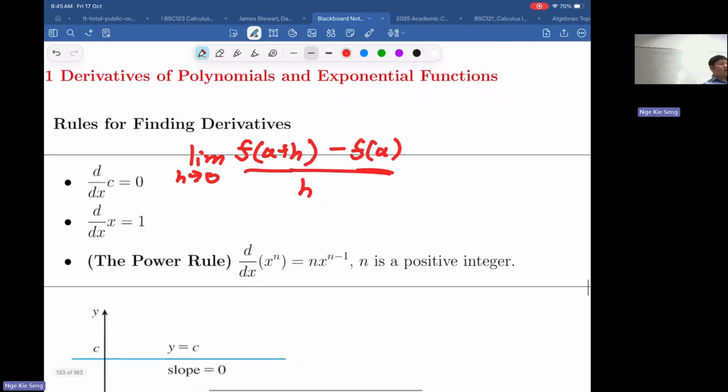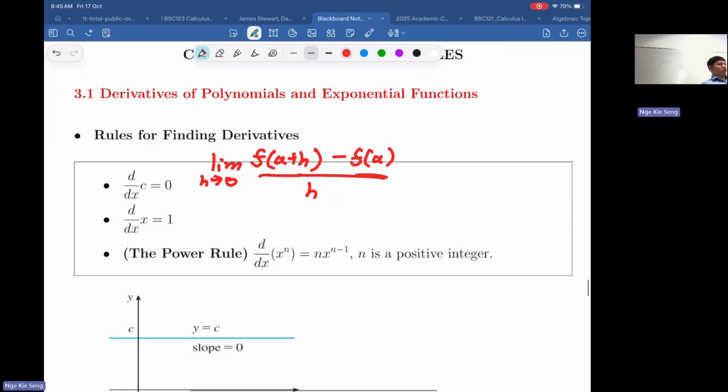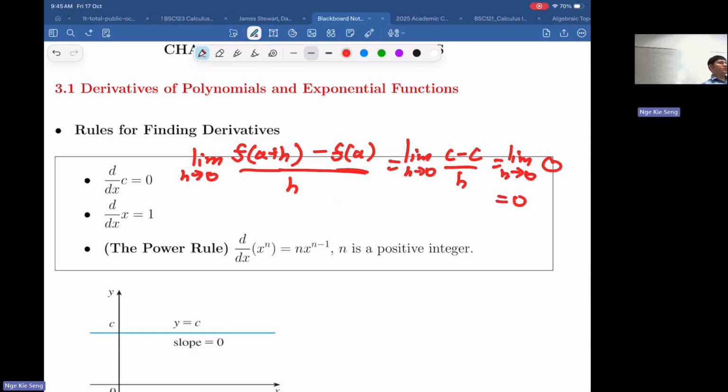But your function now is c, so no matter what point you put into it, it is still c. So c minus c over h, what is it? 0. So you are looking for the limit of a 0 function, which is 0. That's why when you differentiate a constant function, you get 0.